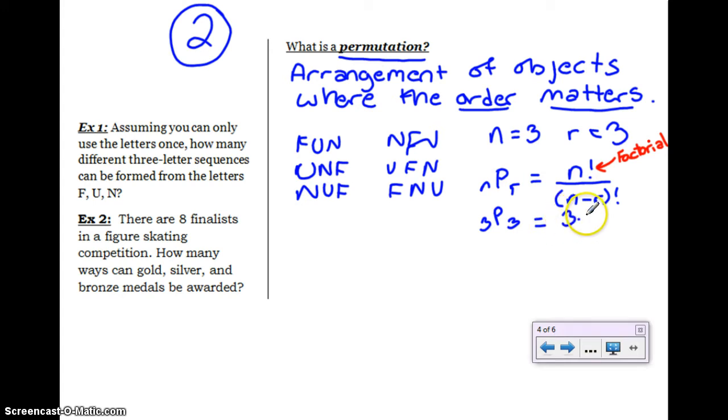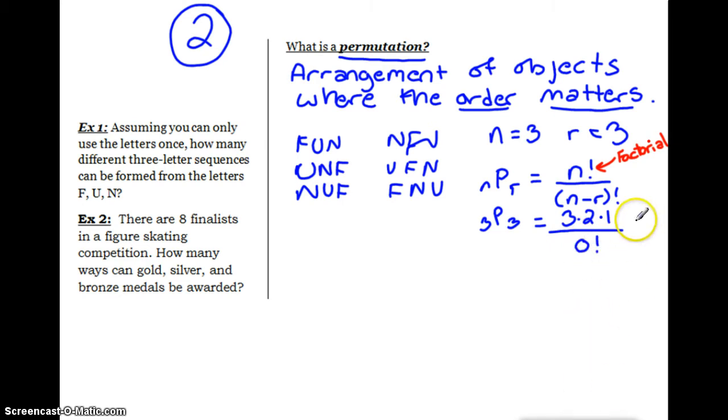So 3 starts it, and then times 2, and then times 1. In the denominator, I have 3 minus 3, that's 0 factorial. 0 factorial is the same as 1 because remember, I can't divide by 0. So 3 times 2 is 6 times 1 is 6. 6 divided by 1. So there are 6 different ways of organizing the letters F, U, and N.